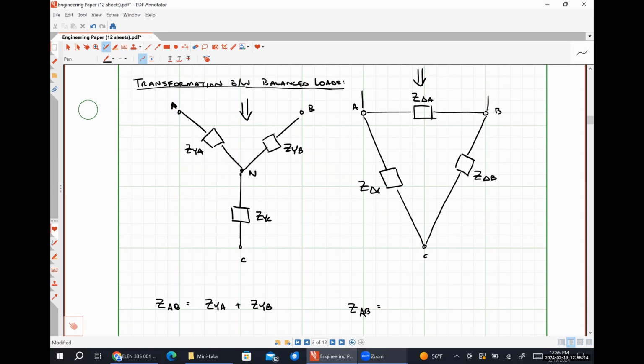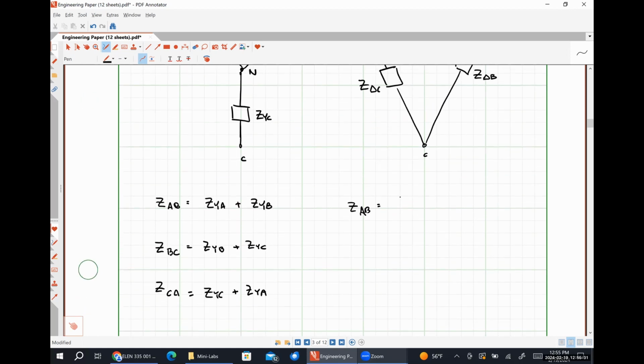Close, but not quite right. Yeah. So Z delta A in parallel with the series combination of Z delta B and Z delta C, okay? So Z delta A times Z delta B plus Z delta C over Z delta A plus Z delta B plus Z delta C. And I can repeat that for the other two impedances as well.